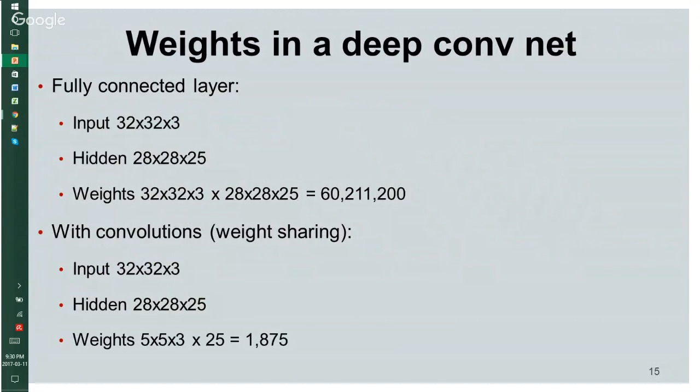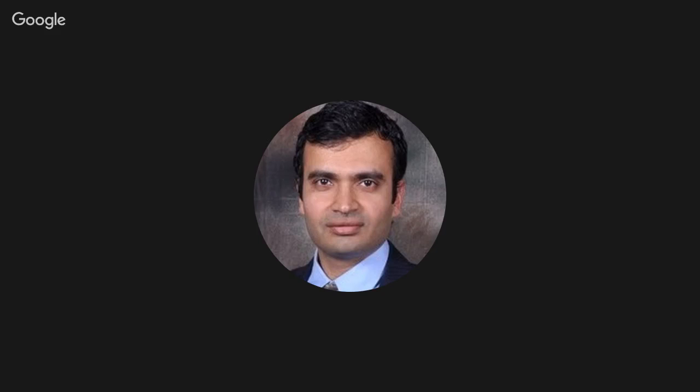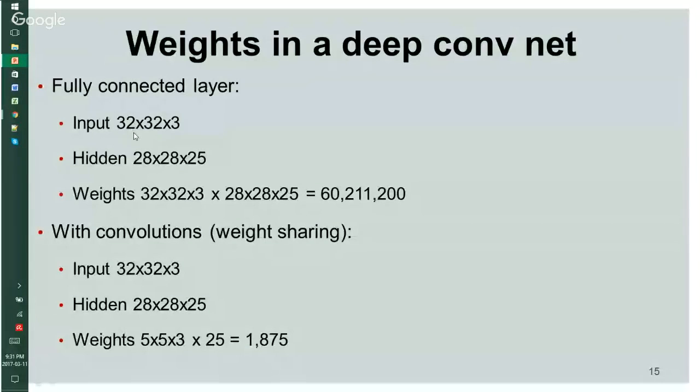So what we gain by using a convolution layer is, let's take an example. How many weights can we save in total? Let's say there's a color image of 32, and because it has three channels RGB, it is 32 by 32 by 3, and you want to extract 25 different sets of features from it in the first layer.